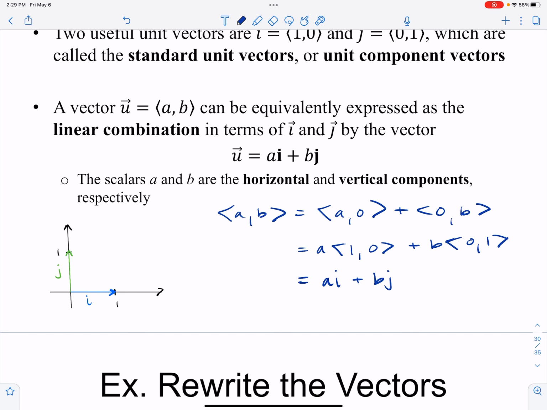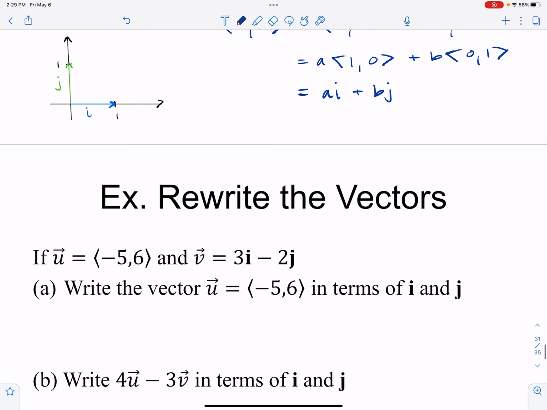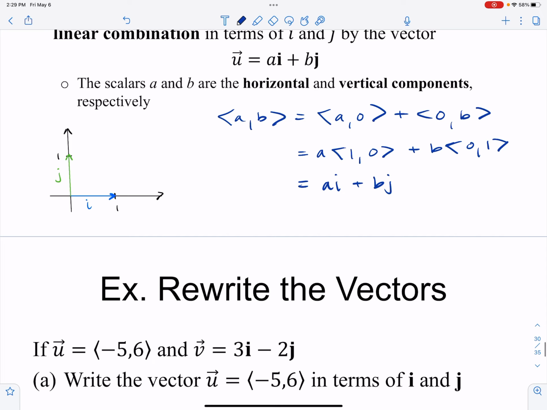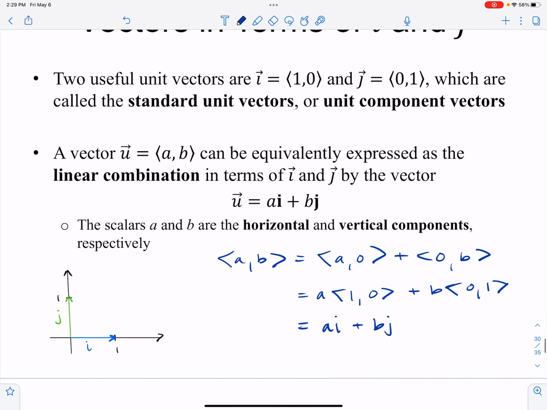So it's just another way to represent vectors that are in standard position.